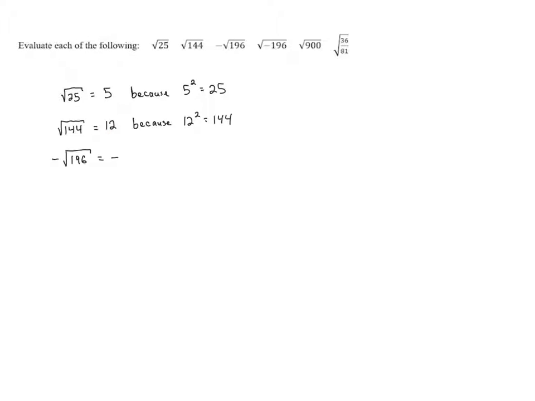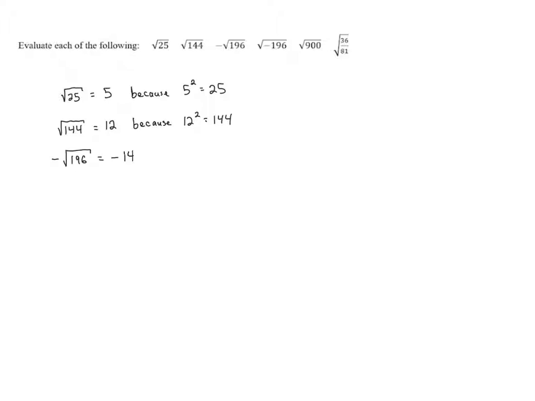It can't be 13, because 13 times 13 ends up being an odd number, because an odd number times an odd number is odd, and this is even. So we can try 14, and if you do the math, 14 times 14 is 196. So the answer here is negative 14, because we're looking for the negative square root.